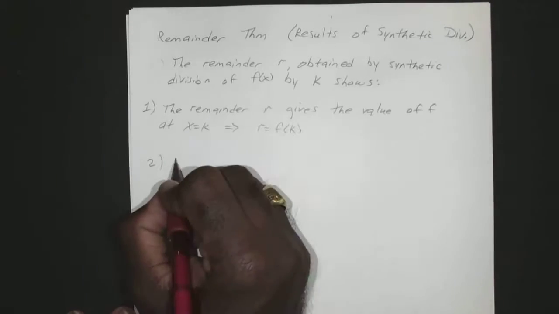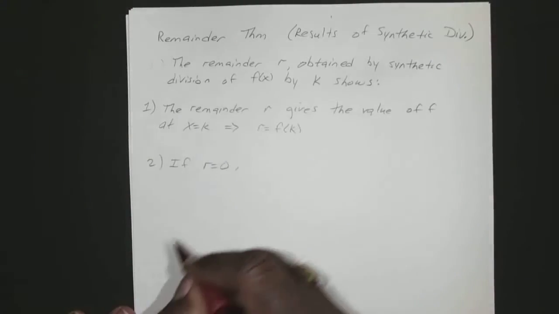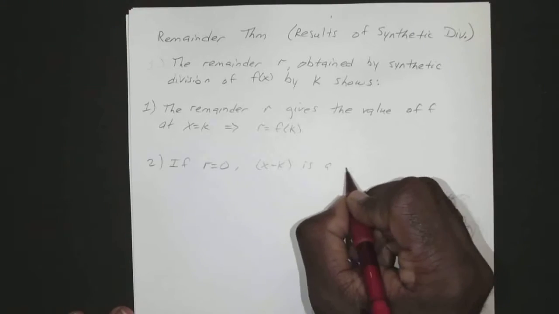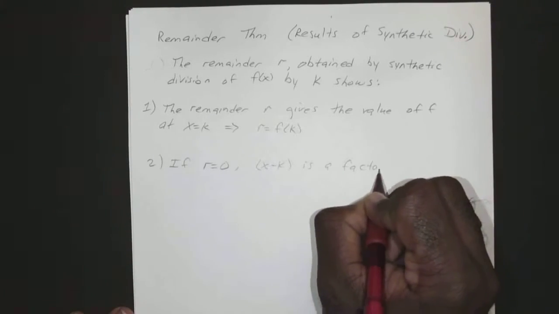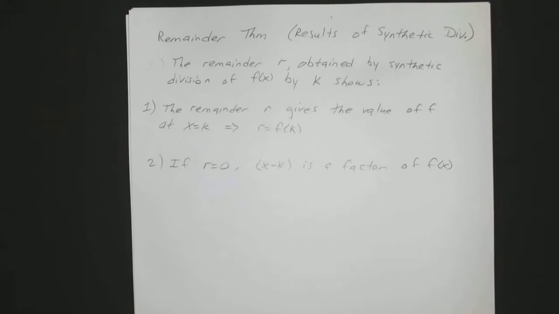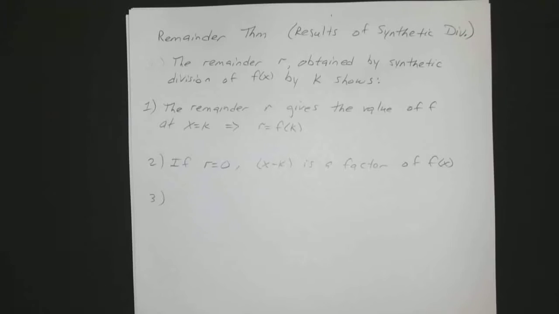Number 2, if your remainder is equal to 0, then we know that x minus k is a factor of f of x. Okay. That's kind of like if you divide 8 by 2 and you get a remainder of 0, then you know that 2 is a factor of 8. So it's kind of the same idea here. Okay.